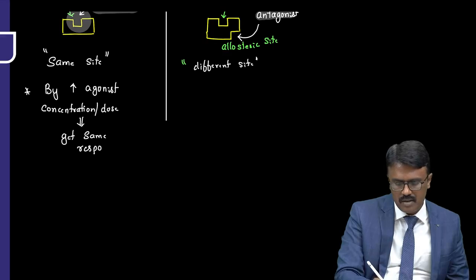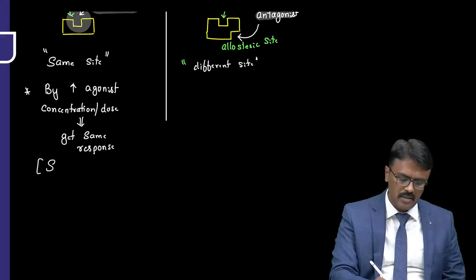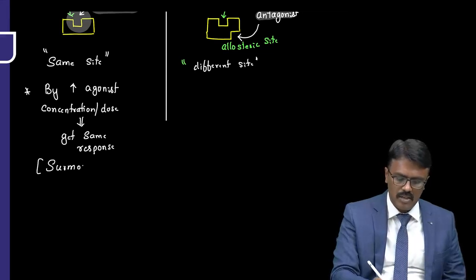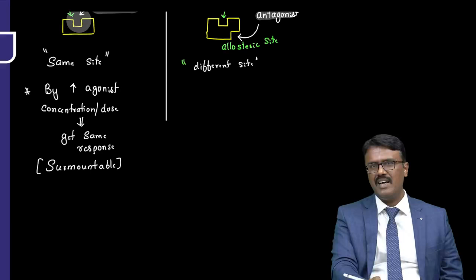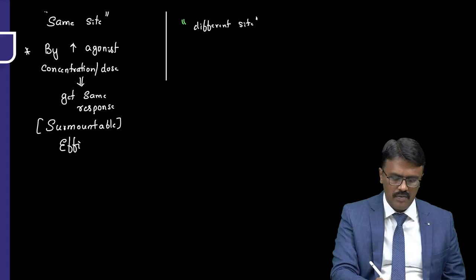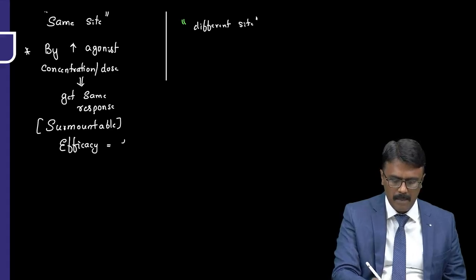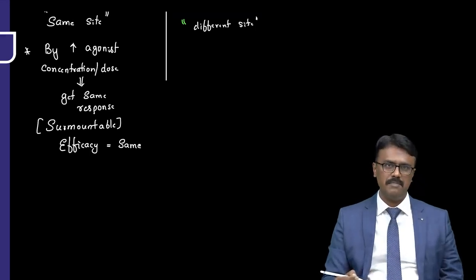The term used for that is surmountable. You will get the same response. It is called surmountable. So what do we call the response? What is another term for that? Efficacy remains the same.